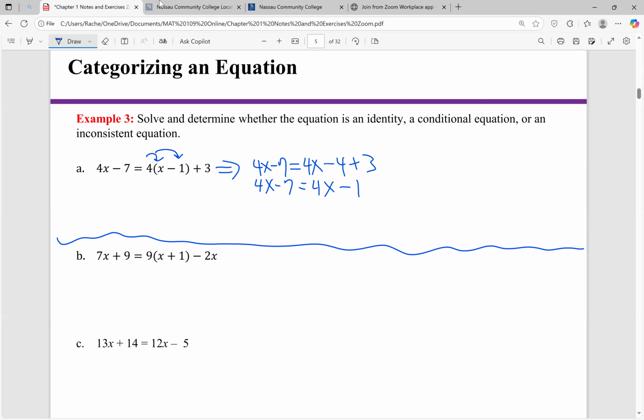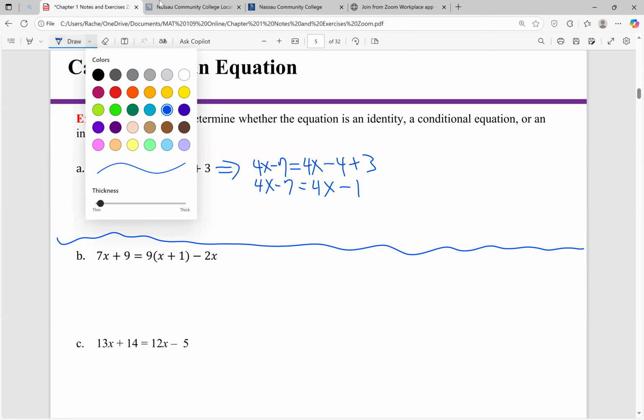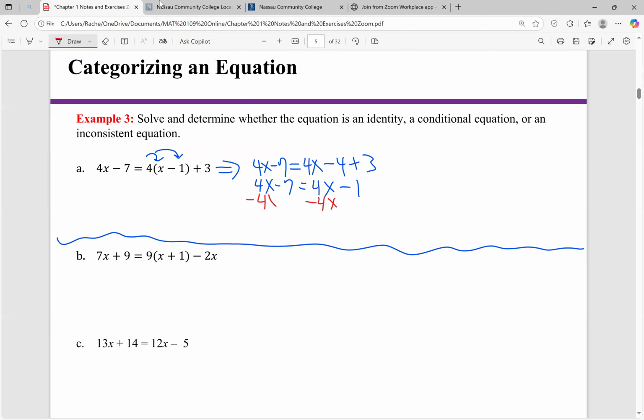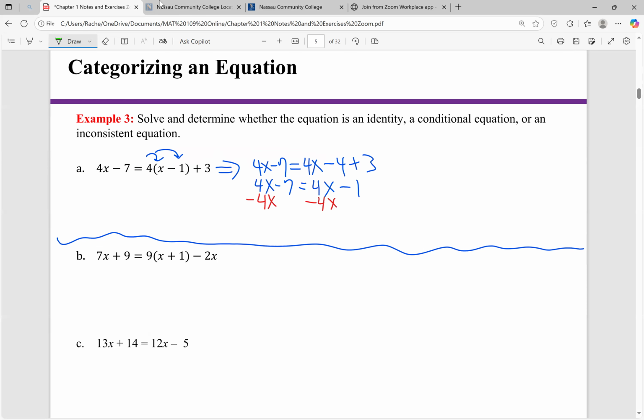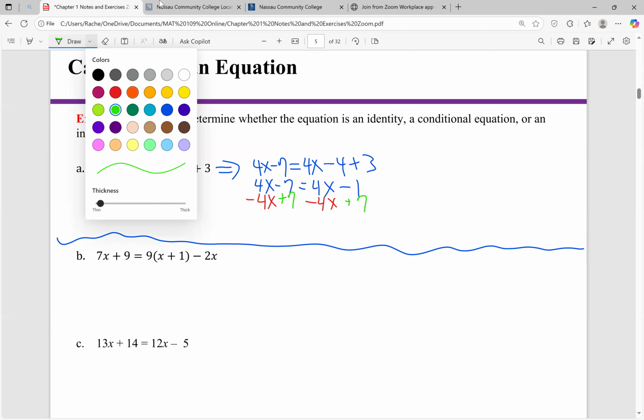Now let's gather the x terms to one side and the constants to the other. So let's bring the x terms to the left. So let's subtract 4x from both sides. And then I'll do a different color. Let's add 7 to both sides. We'll bring the constants to the right.